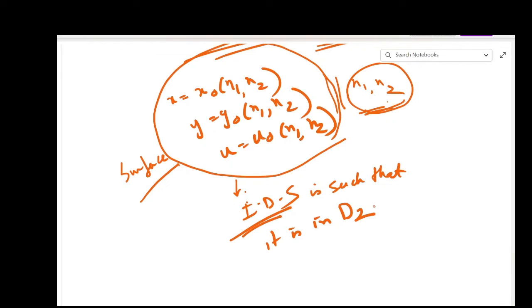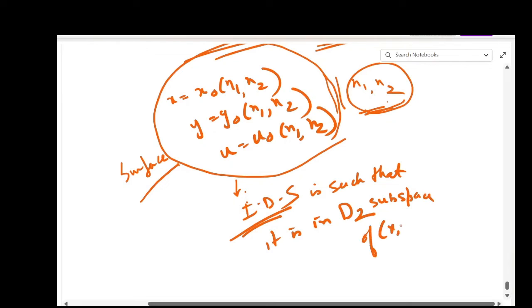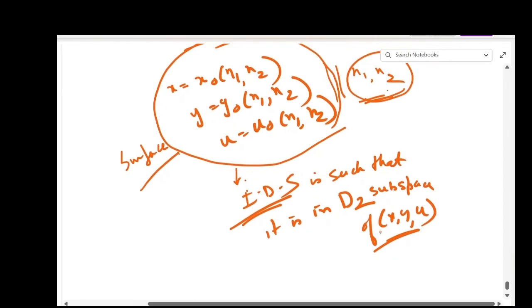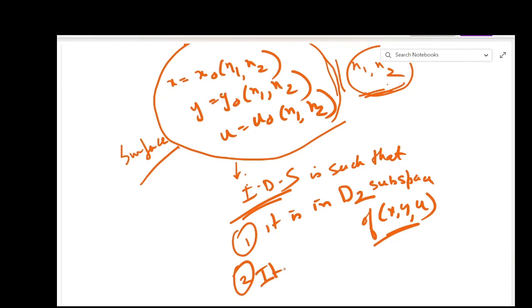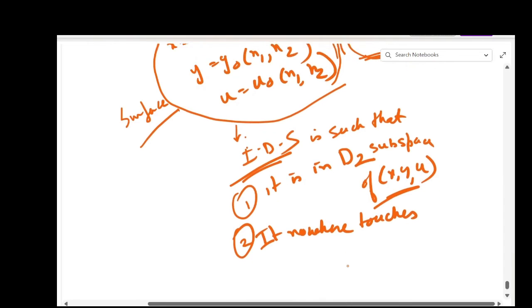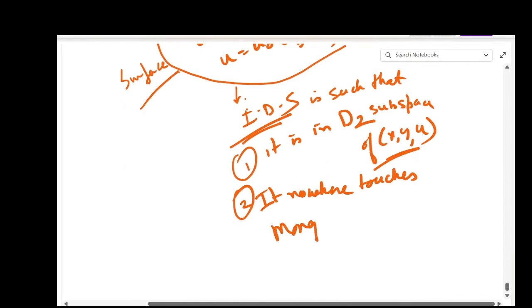D2 is a subspace of the entire three-dimensional xyu space. So I am taking this initial data surface such that it is in D2, and another thing, it nowhere touches Monge's curve.